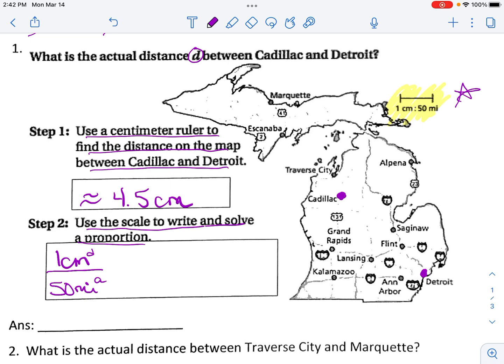So the proportion, we're going to set it up on the left from the map: 1 centimeter on the drawing is 50 miles in actual distance.